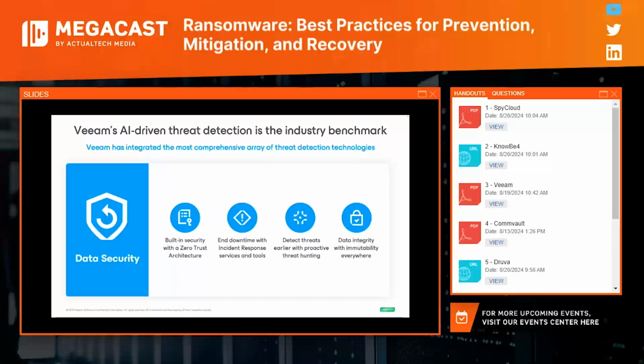Capabilities in the tool itself to detect attacks too, but also immutability everywhere, and choice of immutability. It doesn't have to be that expensive. Align the system that you buy to protect the data and make it immutable to the value of the workload in your organization.